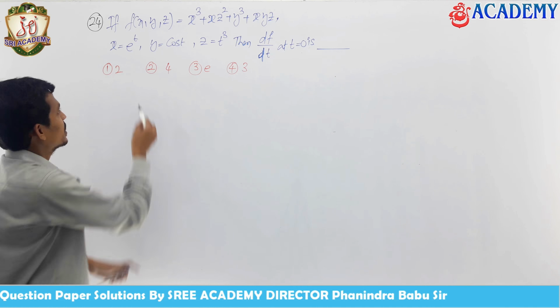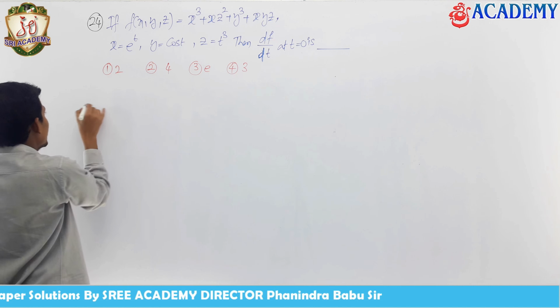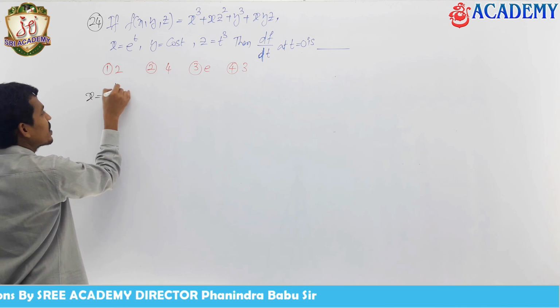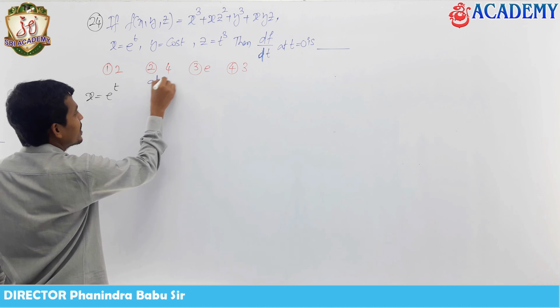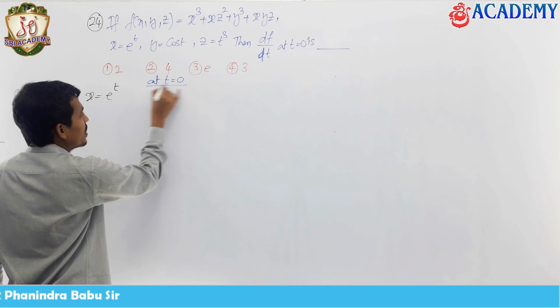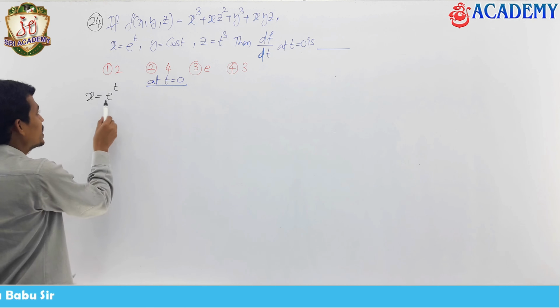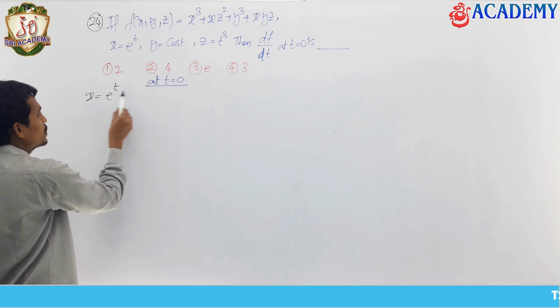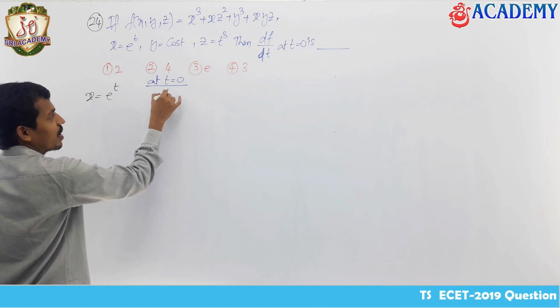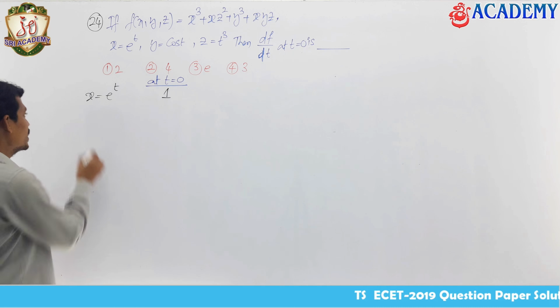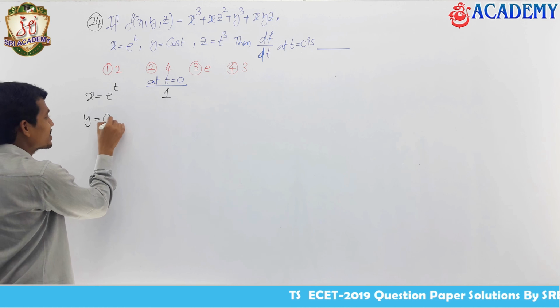First of all, I will write the given values: x equals e power t. At t equal to 0, what is this value? If you substitute 0 in place of t, e power 0 is 1. y equals cos t.